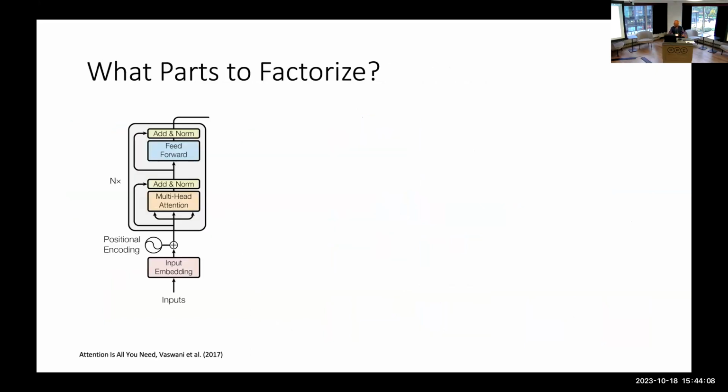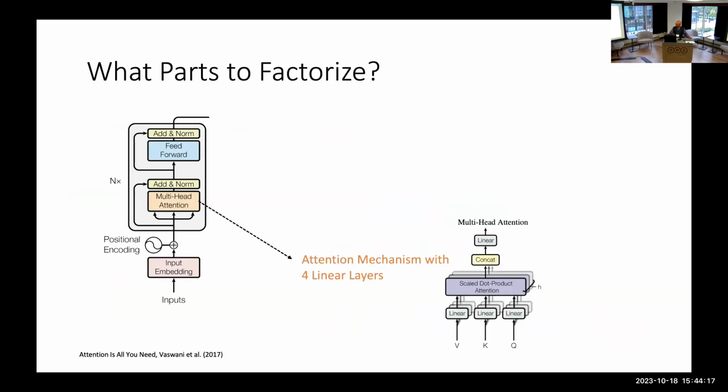Okay, so now what parts to factorize? This is a transformer, and some works have also tried to factorize the input embedding, that's the very first layer. That doesn't repeat for each of the layers.